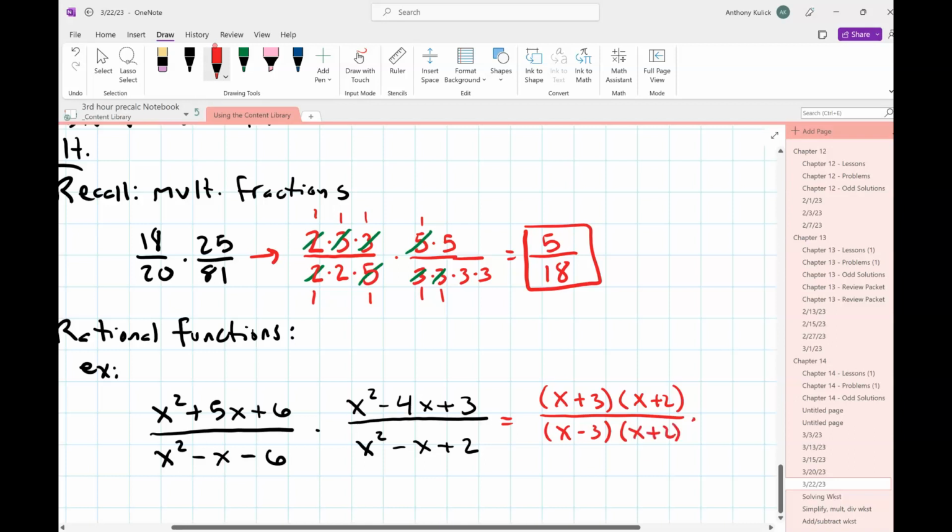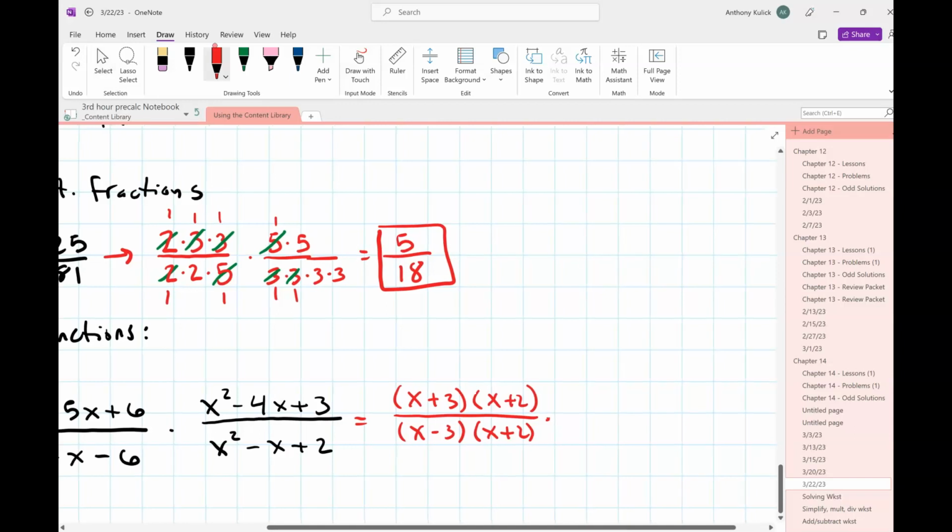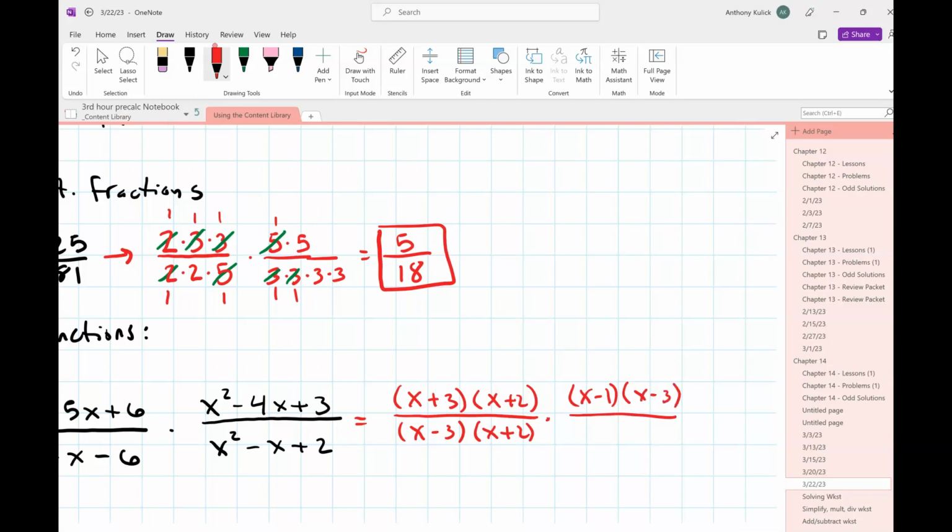And we'll move on to the second fraction. How do I factor the top? x minus 1, x minus 3. Good. And then the bottom, 3x minus... Is it negative 1? Oh, shoot. That's not possible.